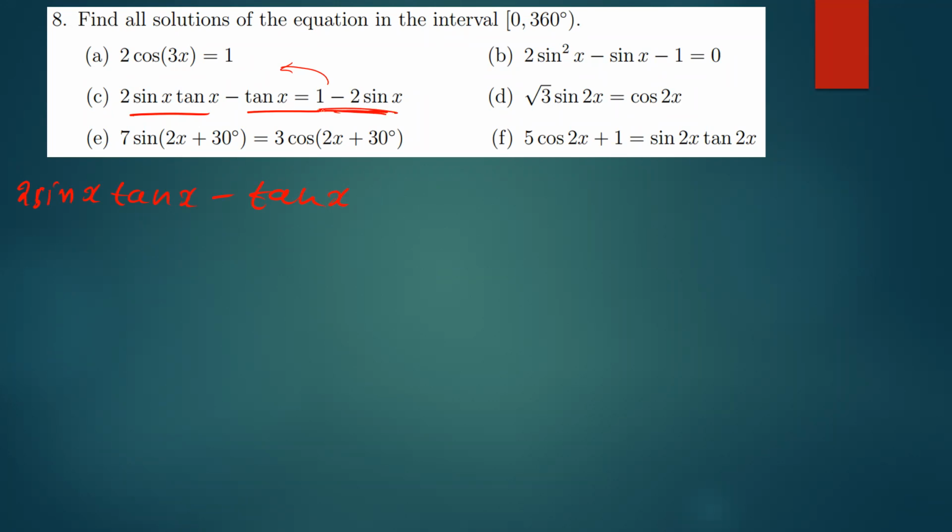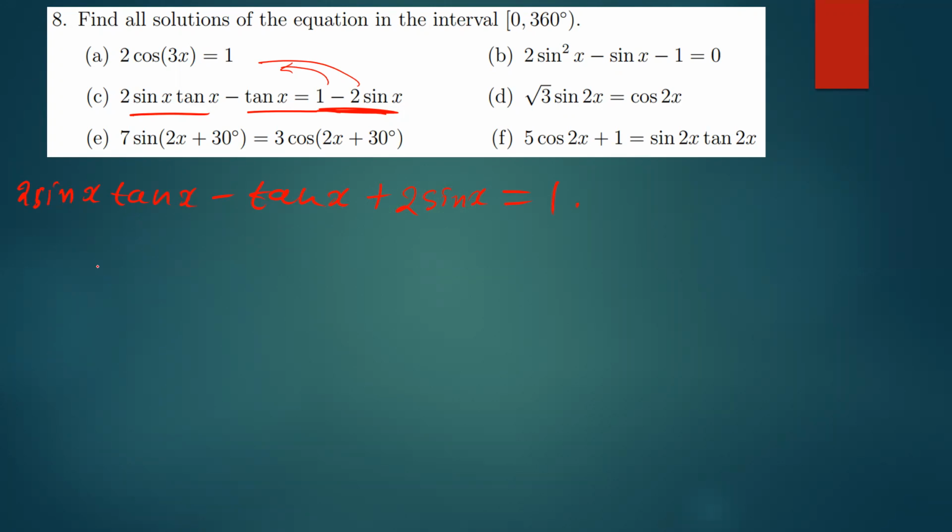Let me change this one. I'll take this negative 2 sine x to the other side of the equal sign, meaning it will be 2 sine x. Then we say this is equal to 1. And then from this equation, you can see there are things that are common, which you can put together. So let's try to do that.